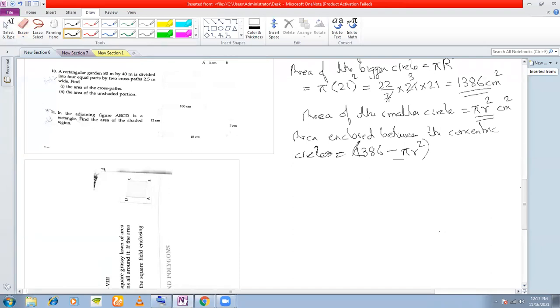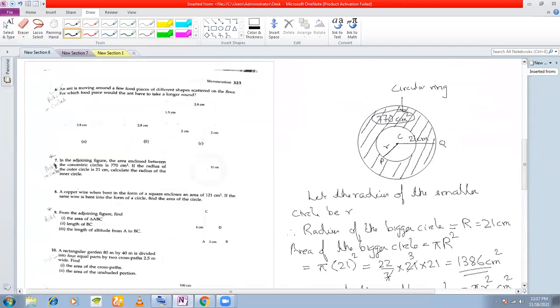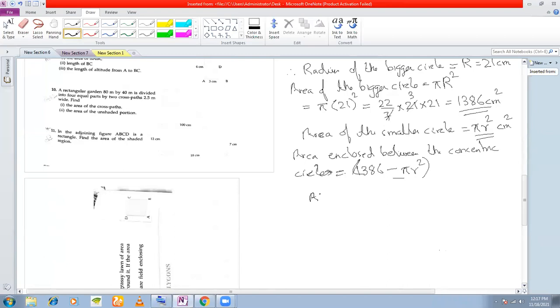So 1386 minus pi r square is the area of the shaded part. But what is the area of the shaded part given? 770. So according to the problem, 1386 minus pi r square must be equal to 770. Right? Now we can solve this equation.